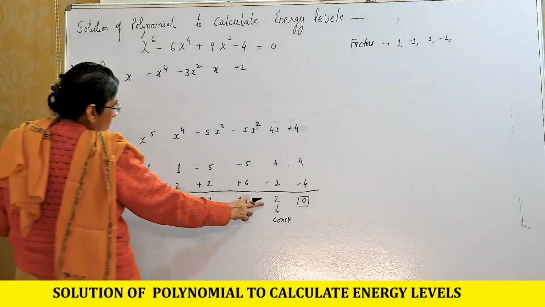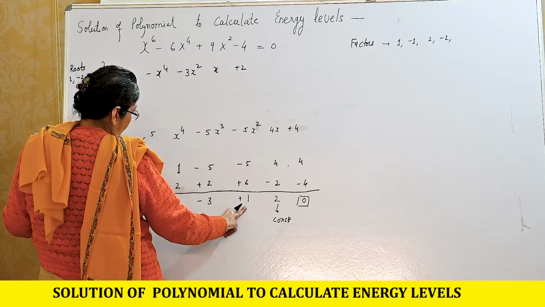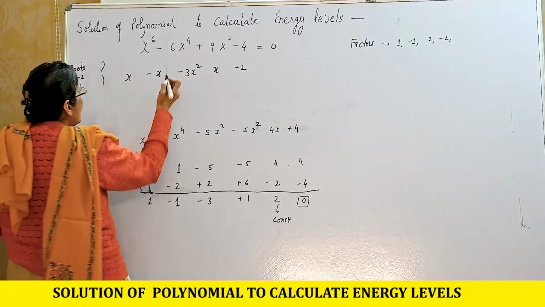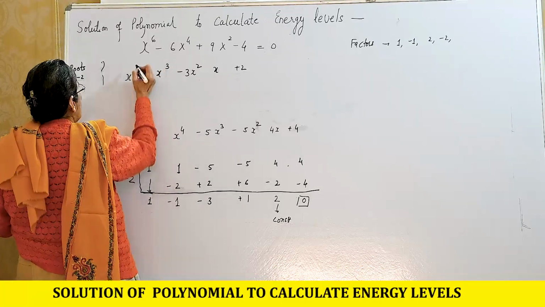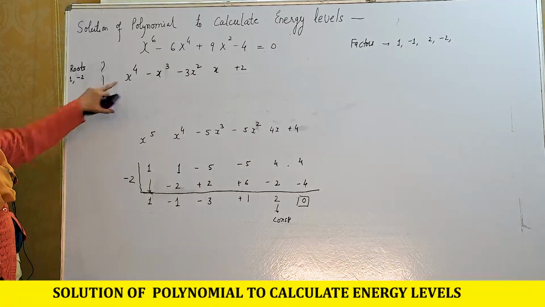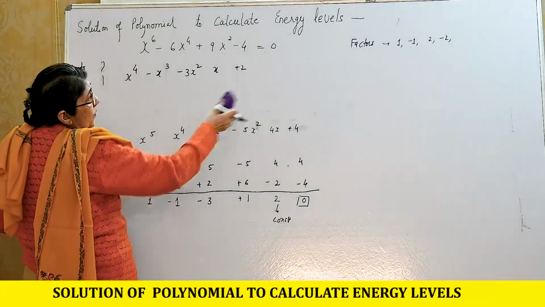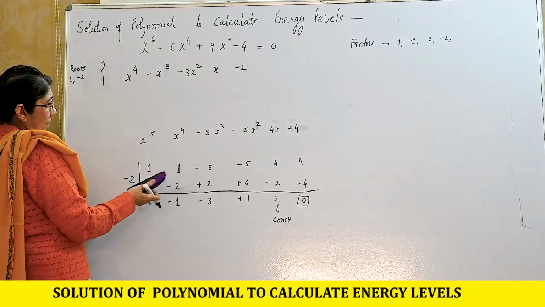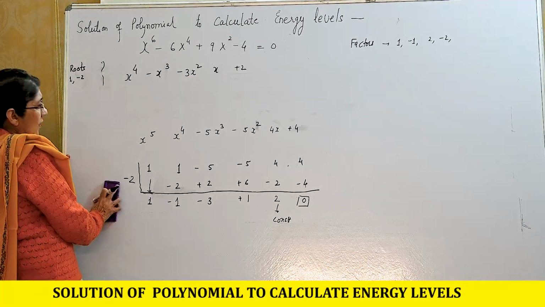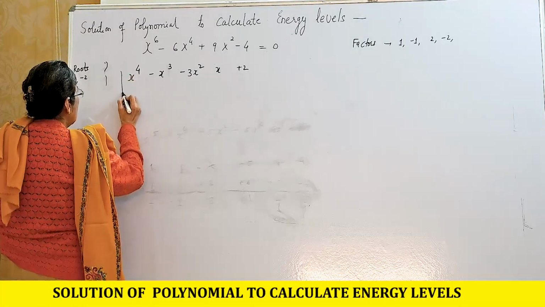This is the constant, this is for x, this is for x^2 and this is for -x^3 and this is for x^4. Now again we have come down from x^5 to x raised to the power 4. Now again suppose we take another factor, say -1, then in the same way we will adopt the same procedure.